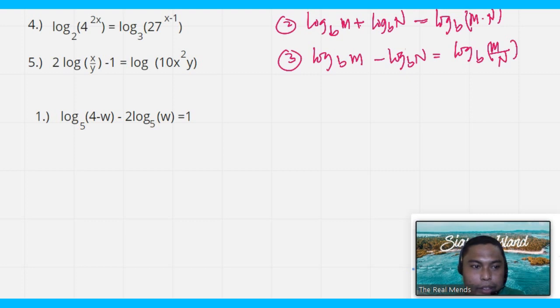Okay, for number one, log base 5 of (4 minus w) minus 2 log base 5 of w is equal to 1.